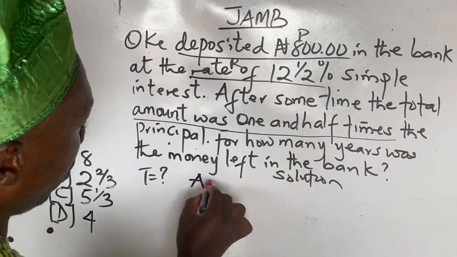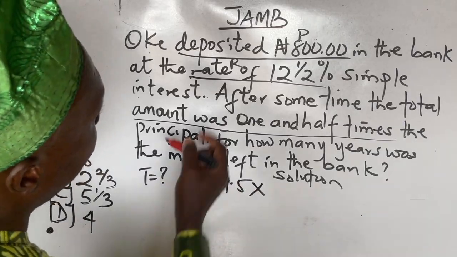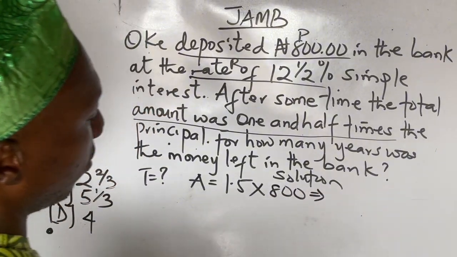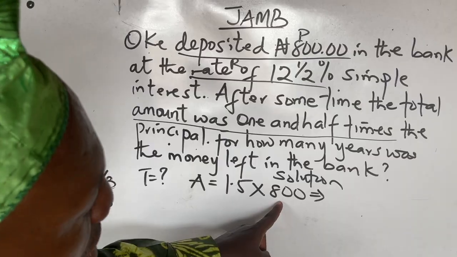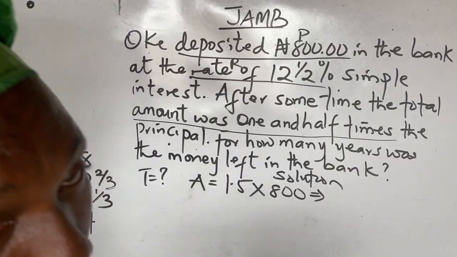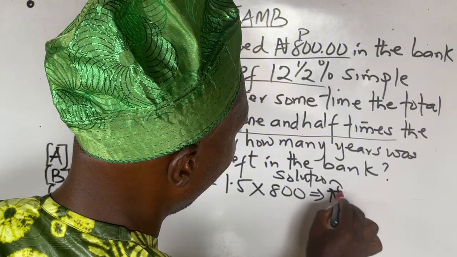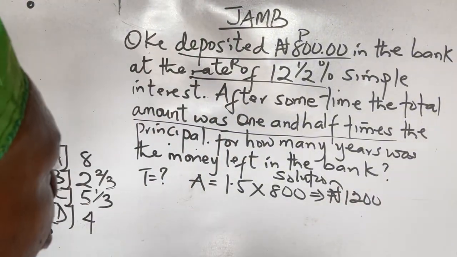So amount is 1.5 times our principal, which is 800 naira. That means 1.5 times 800 is 1200. You can take your calculator and do that.